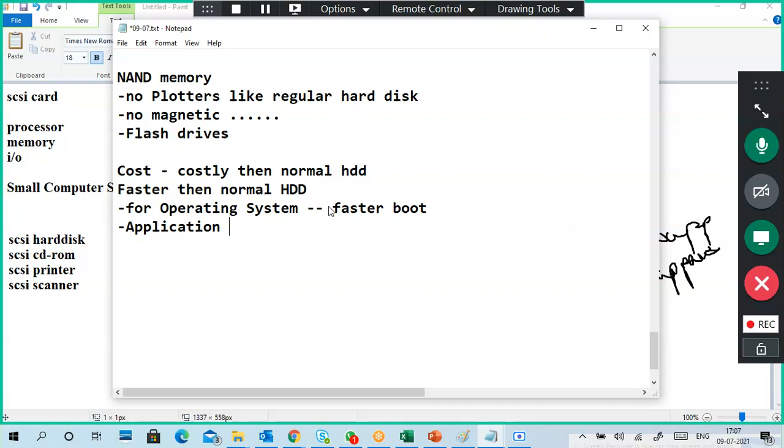For example, if you are a mechanical engineer using applications like AutoCAD, SolidWorks, or heavy video editing software, faster data read and write is required, so that is the application installation purpose. Gamers, big applications, right? If you want faster gaming, then you can put a game inside.